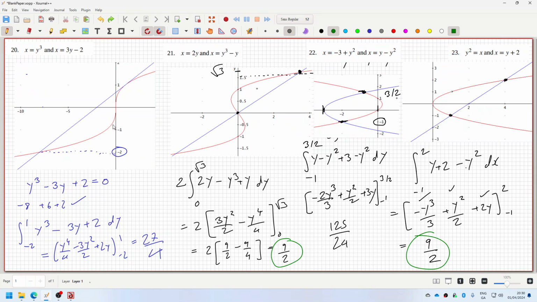Or that's about 1, 2, 3, 4, about 5. Yeah, okay, that looks like it's in the right ballpark, and that looks like it's in the right ballpark. So hopefully that's correct. I do hope.